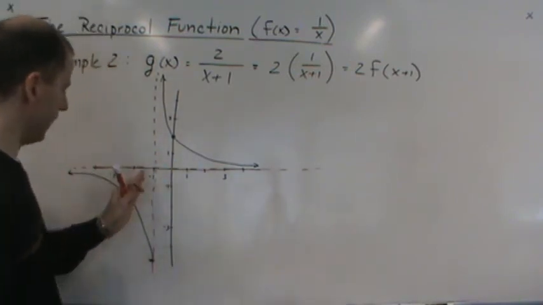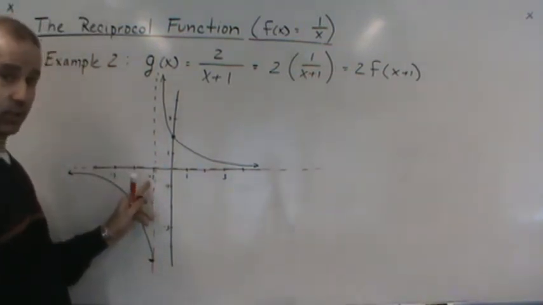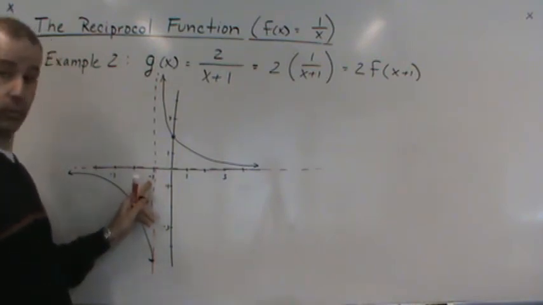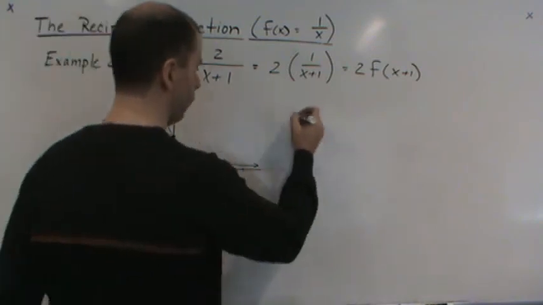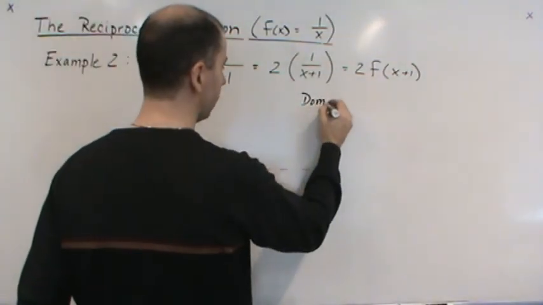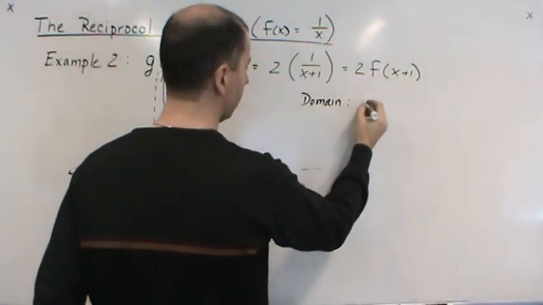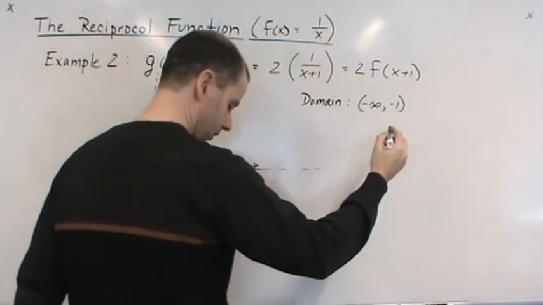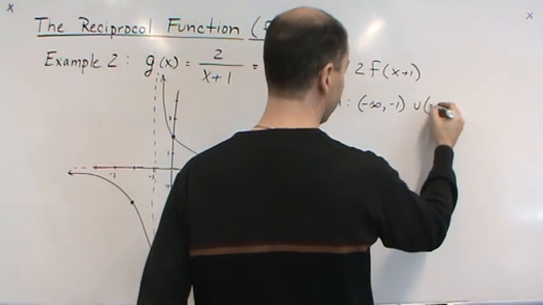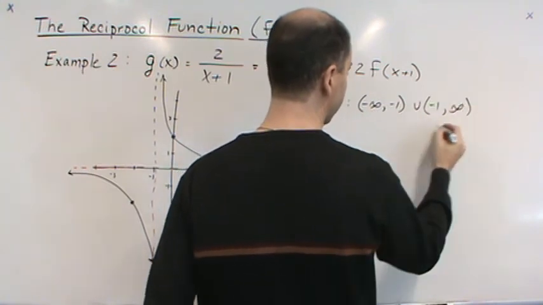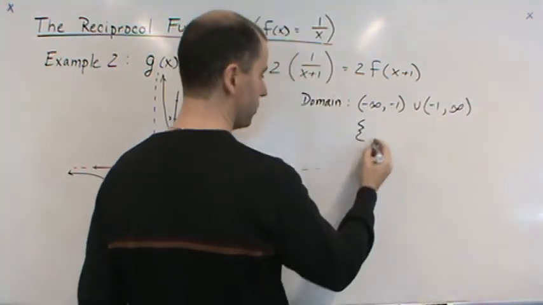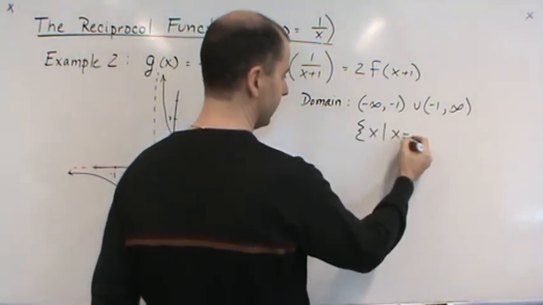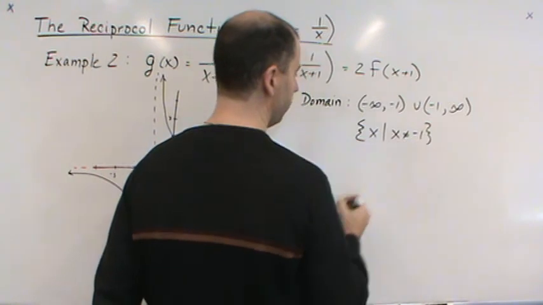Well, now the domain is everything except x equal to -1 because the vertical asymptote moved, right? So now we know that the domain is going to be everything from -infinity to -1 union -1 to +infinity, or again, we can write it in set notation and say all values x such that x is not equal to -1.